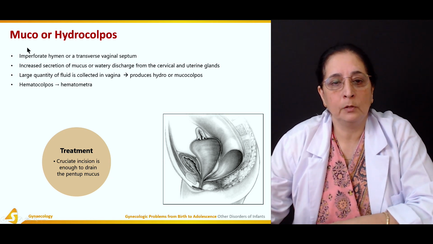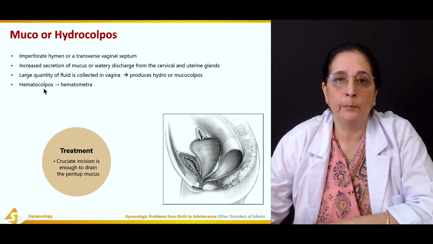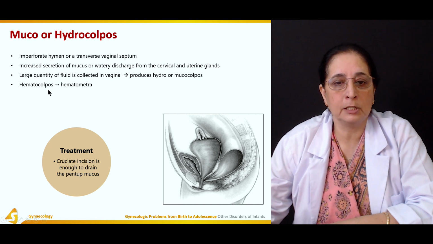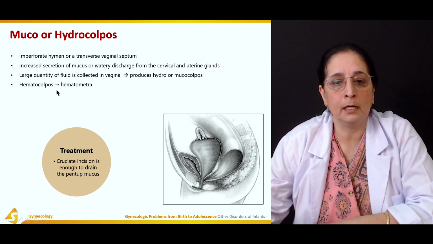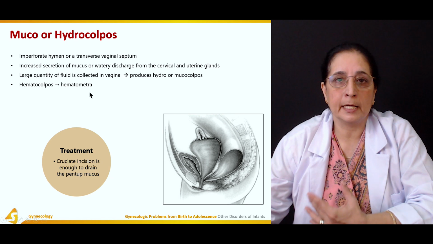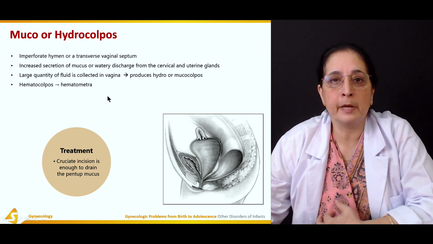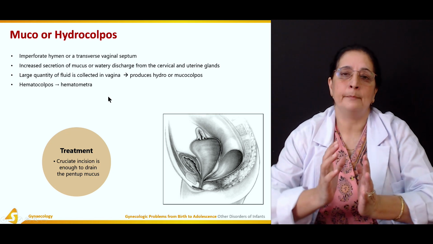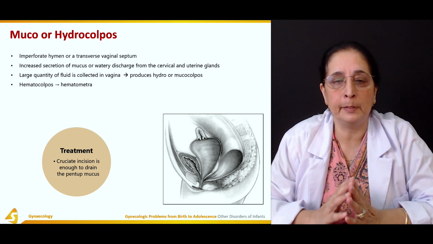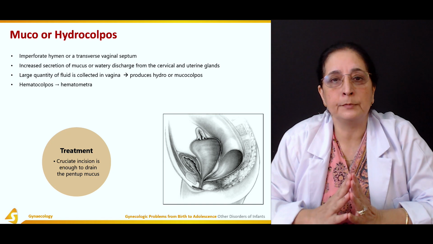Hematocolpus is also the presence of blood in the cervix and the vagina that sometimes reaches the uterus, causing hematometra, and this forms a mass that can be palpable in the lower abdomen.